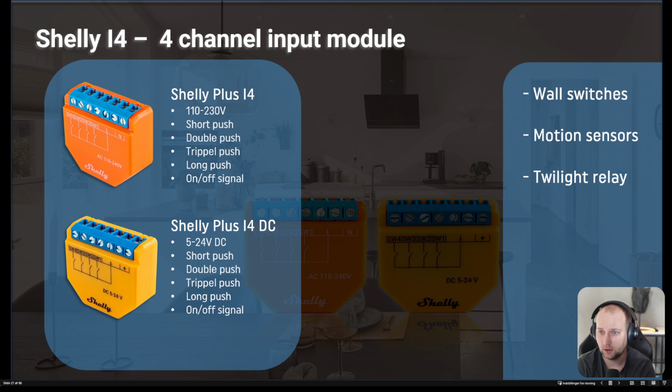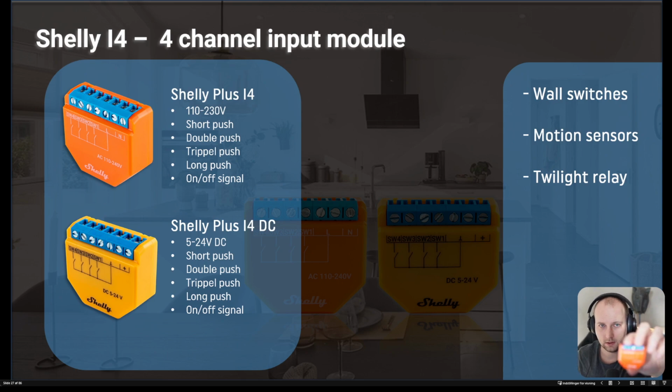Another question. Do these read these inputs, and then you would use action scripts to tell, for example, a Plus 1 to do something? Yes, exactly. If you install this input module behind your wall switch, and there's a short push, then you can tell by a scene or an HTTP command to turn on this device or another device or a group of devices.